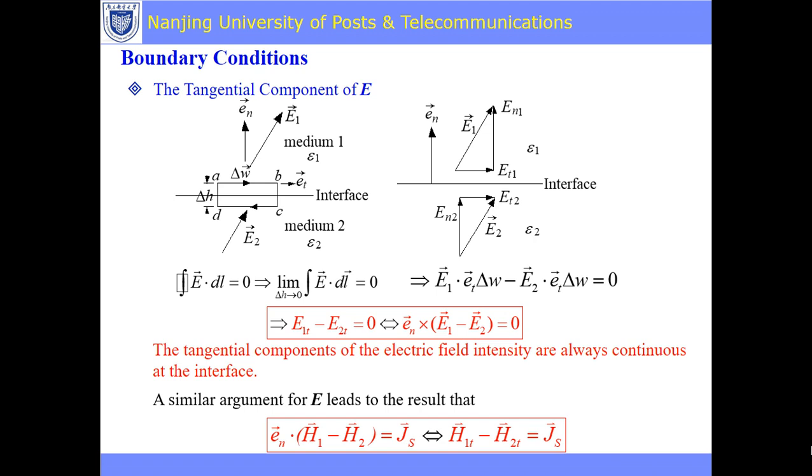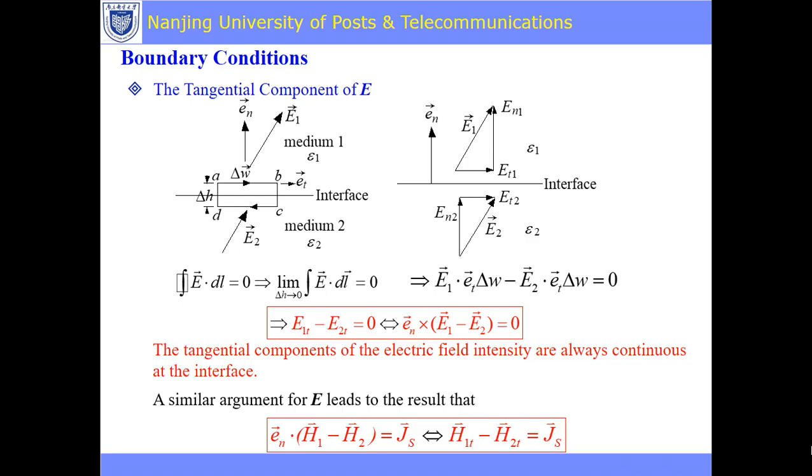So how would we explain this equation? It is equal to Js. It's not equal to 0. Js is current density. Okay, let me simplify. If there is a current on the surface, what is happening?